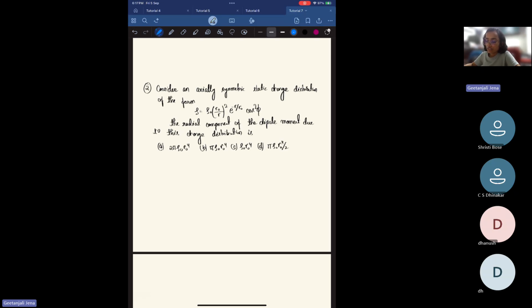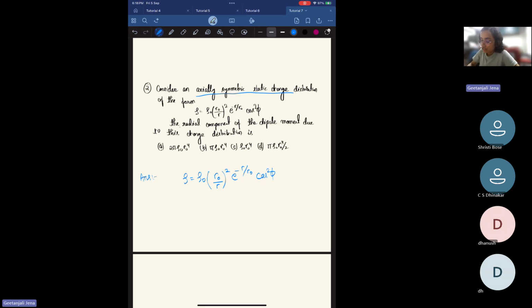So it's a continuous charge distribution. There is an axially symmetric static charge distribution of the form rho is rho 0 r0 by r square e to power minus r by r0 cos square phi.